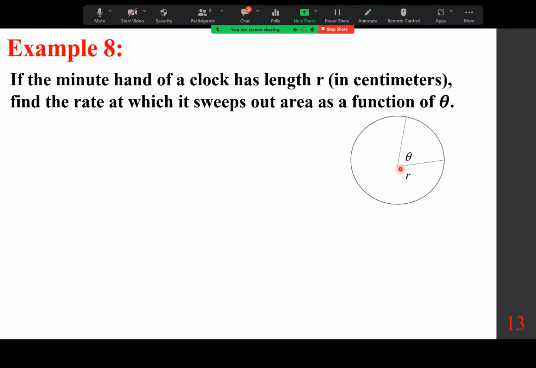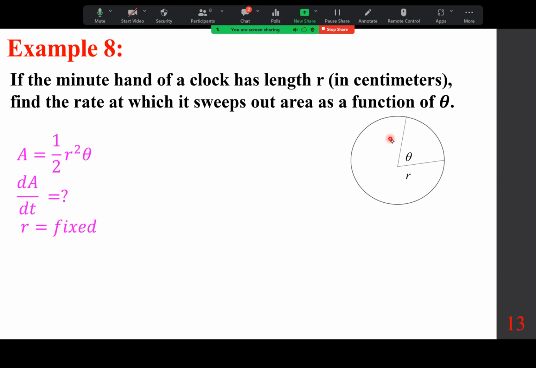So it moves and it covers this area of a sector. You remember the formula from trigonometry, 1/2 r squared theta, and dA dt is of interest to us, where r is just obviously a fixed number that is not changing.